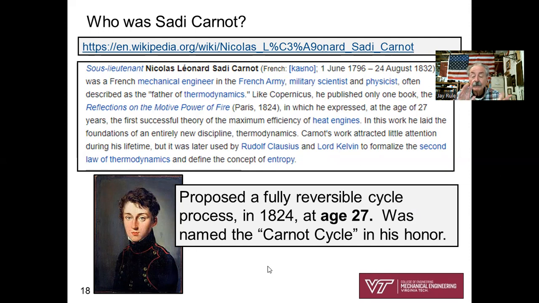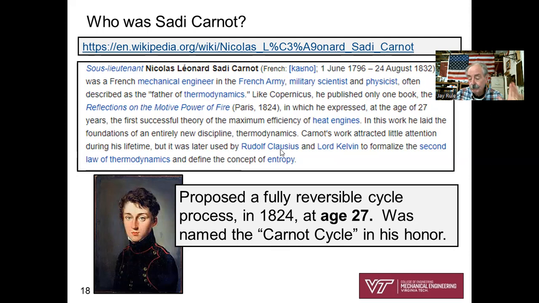But in particular, no unrestrained expansion, no heat transfer across a finite difference in temperature, and no friction. It turns out that this was so groundbreaking at the time that this cycle, after his death, was called the Carnot cycle in his honor.